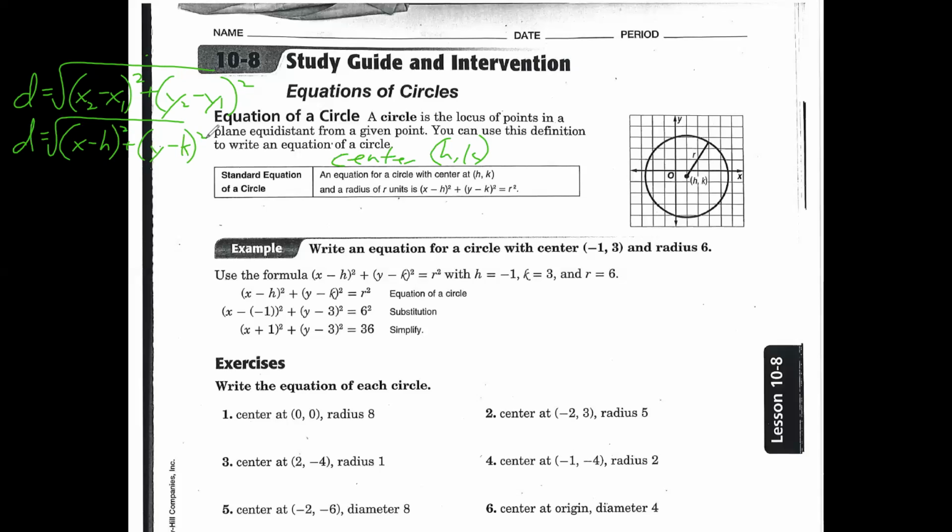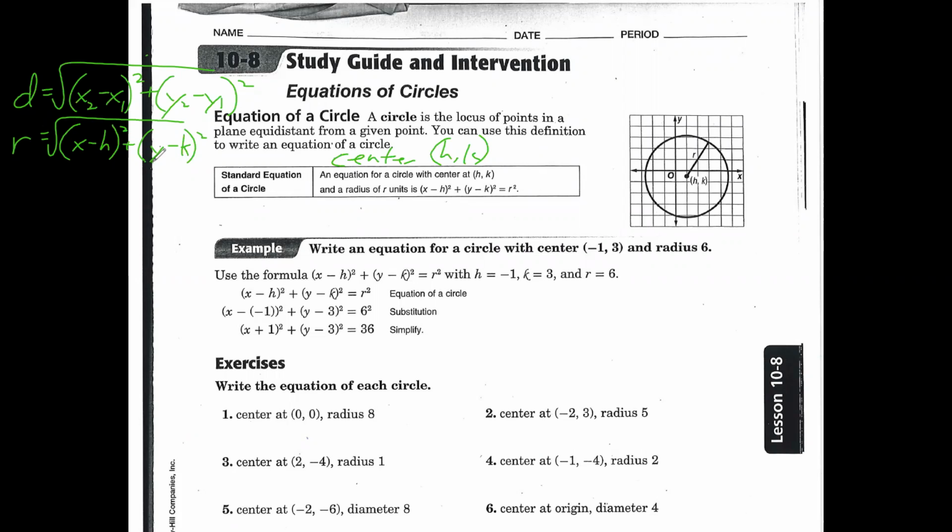The distance here, also we can replace that piece. Instead of saying d in front, that's going to be our radius. Again, the distance that we're talking about that helps us define a circle is the radius. It's that given distance away from the center point. So now this equation is using the radius for the distance. H and k is a set point. That's the center point of our circle. And then x and y represent all the other points that are on the circle.